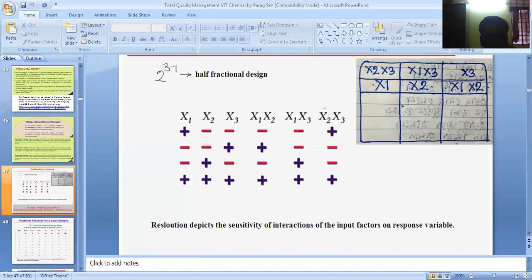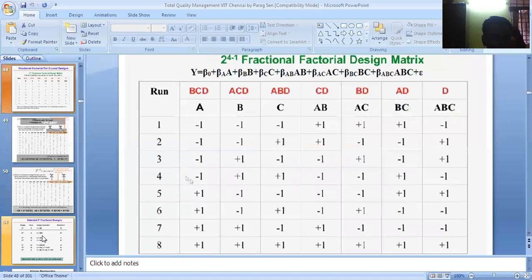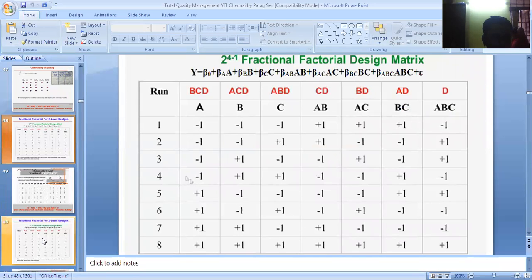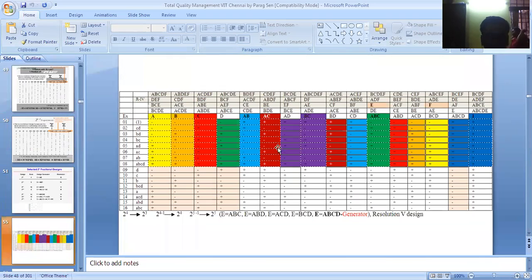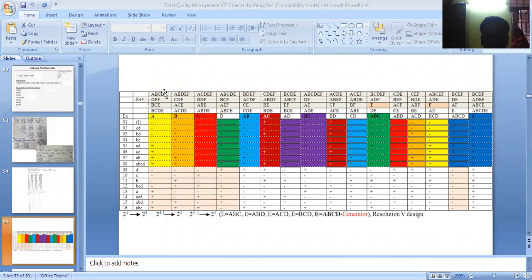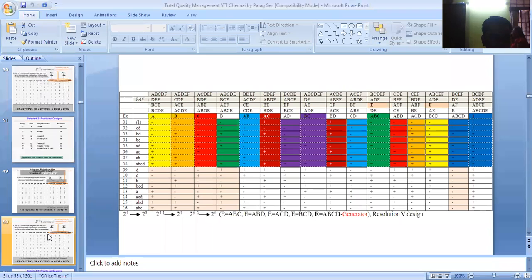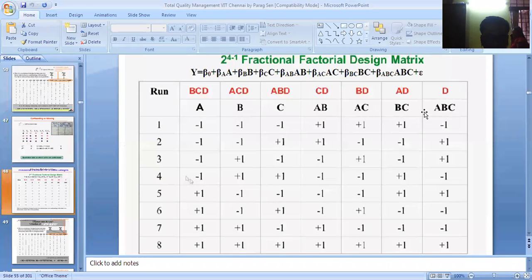Here you can see that ABC is confounding with D, or D is confounding with ABC. The same thing I have here, the same matrix.